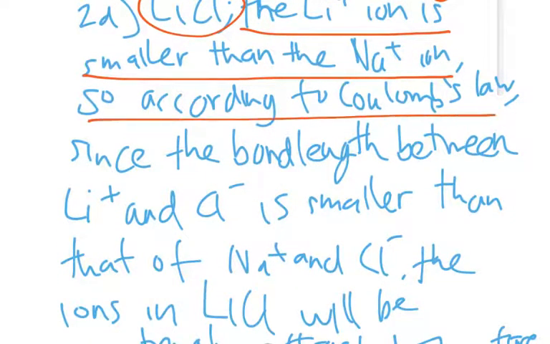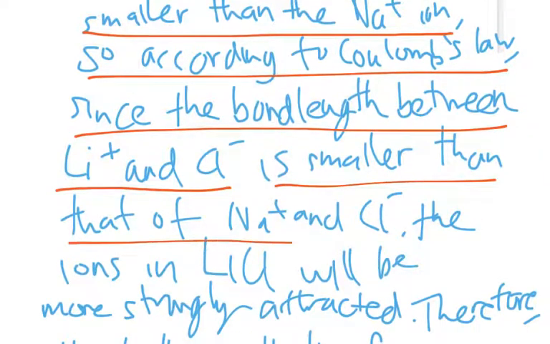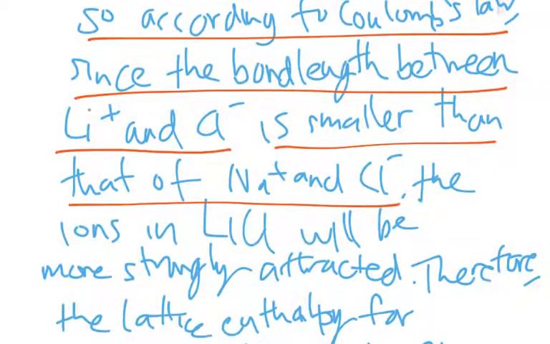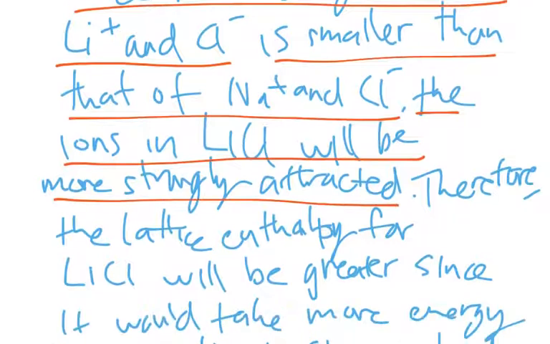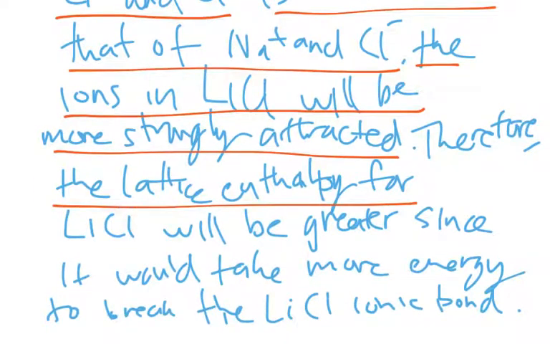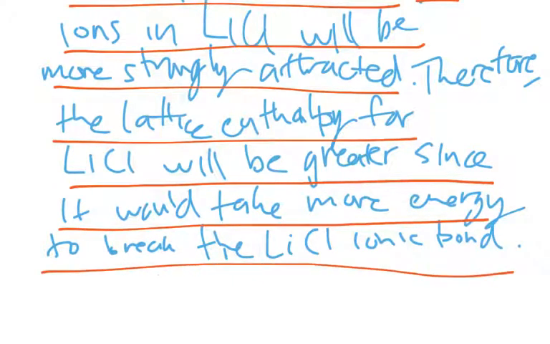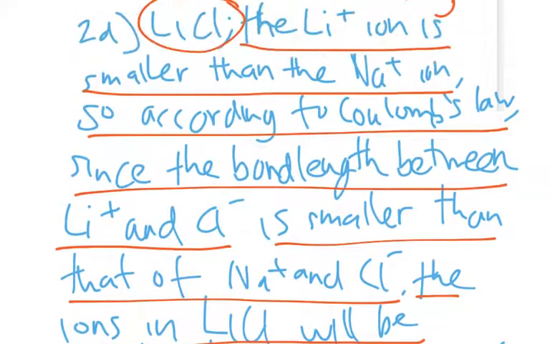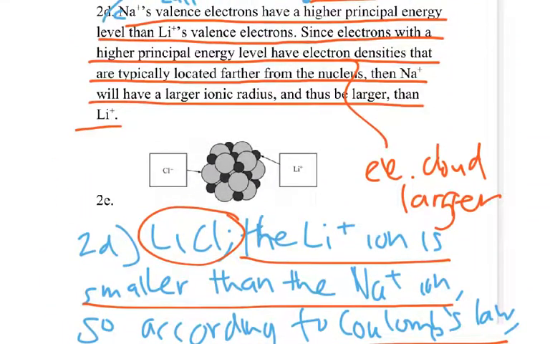So according to Coulomb's law, since the bond length between Li plus and Cl minus is smaller than that of Na plus and Cl minus, the ions in LiCl will be more strongly attracted. Therefore, the lattice enthalpy for lithium chloride will be greater since it would take more energy to break the lithium chloride ionic bond. So this is my 1 or 2 sentence explanation, and I think that we're done.